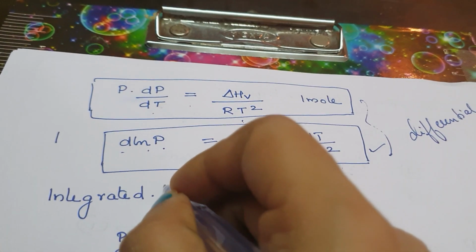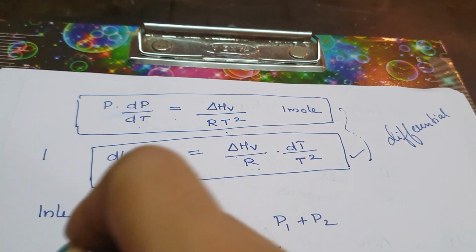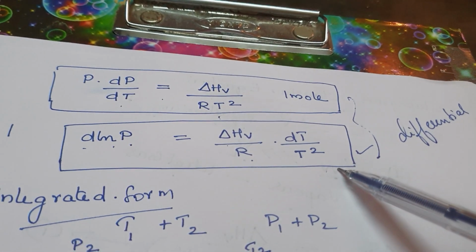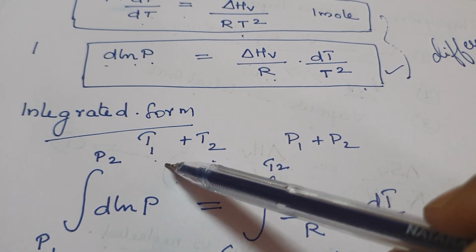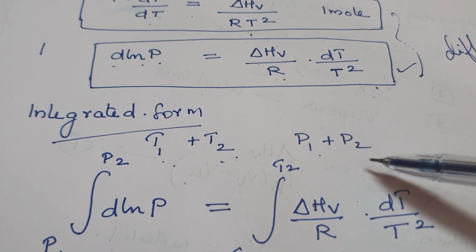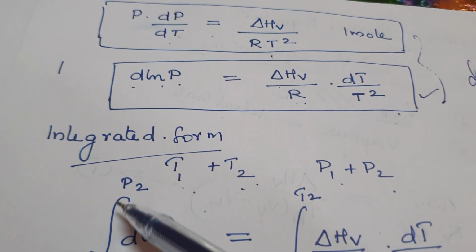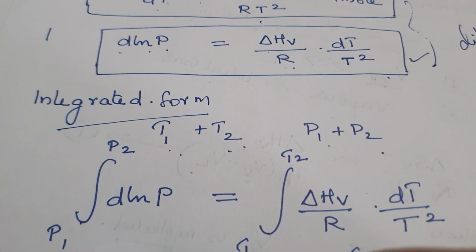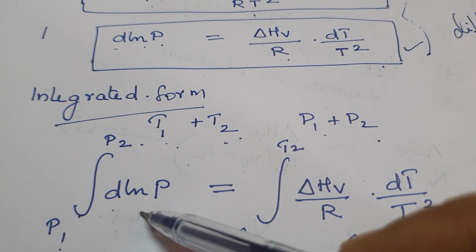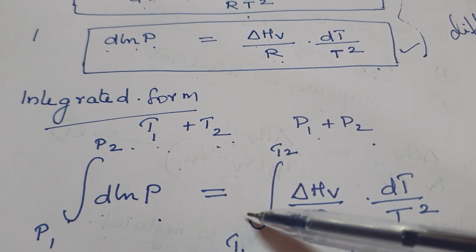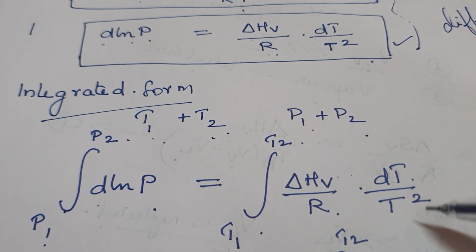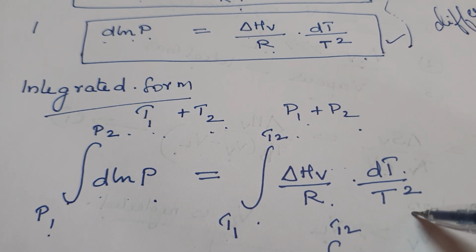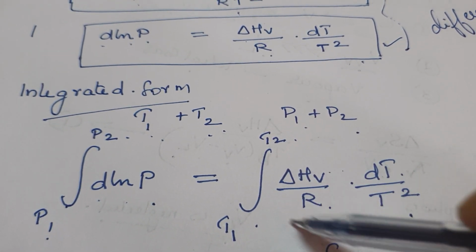Now we will go for the integrated form. Integrated form means we are going to integrate this within the limits of temperature T1 and T2 and pressure P1 and P2. So we write the integration, from P1 to P2 of d ln P is equal to the integral from T1 to T2 of delta H_V by R dT by T square. Now delta H_V by R is a constant, so we take it outside.